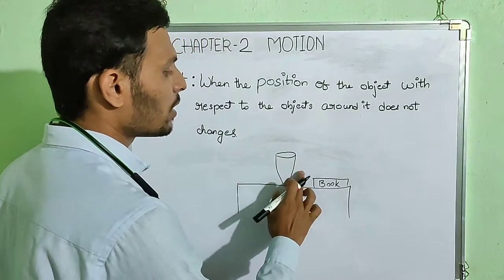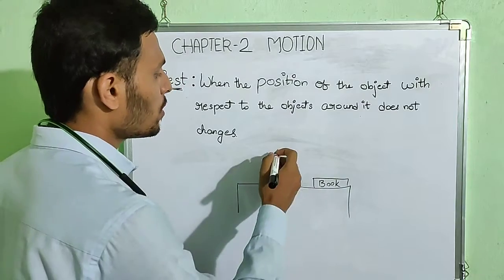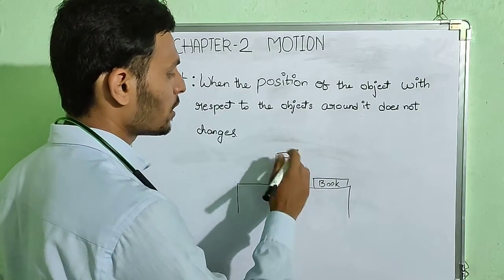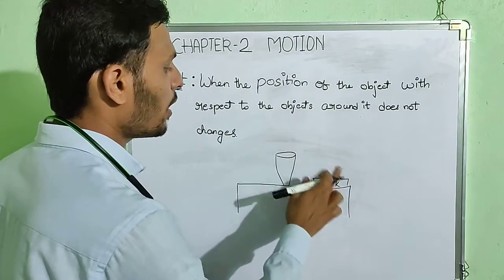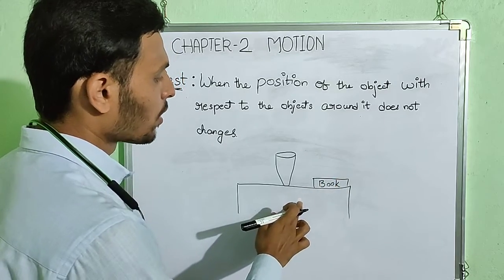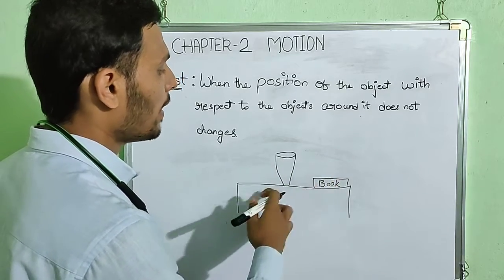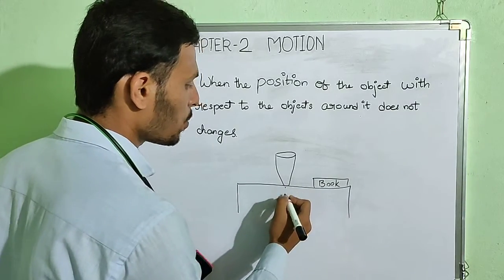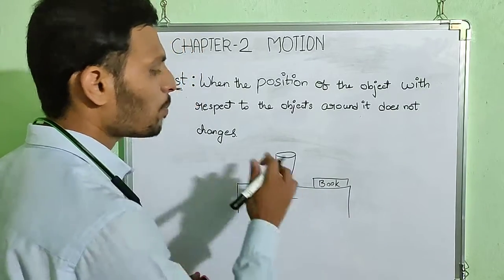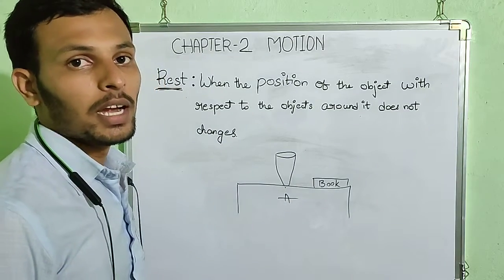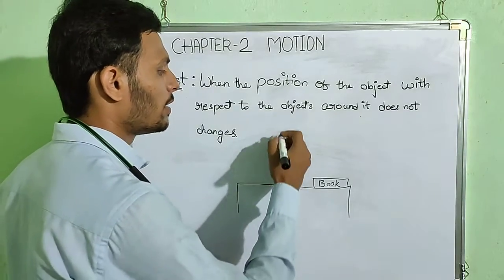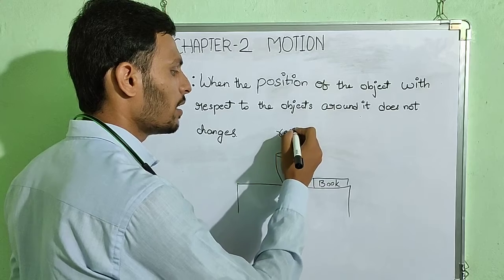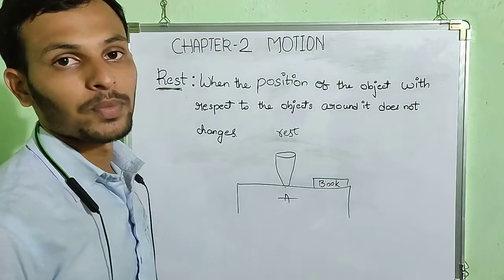We have to consider the surrounding objects. This is my observing point, this is my object. Around it there is a book and a table. With respect to the book and table, it is not changing its position. It is initially at this point and it is at the same point. So I can say that this object is at rest.